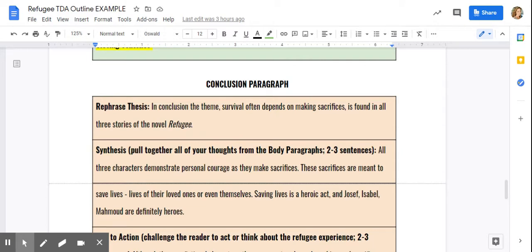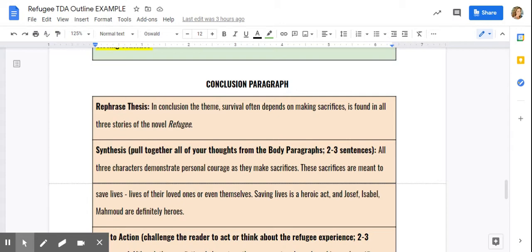Saving lives is a heroic act, and Joseph, Isabel, and Mahmoud are definitely heroes. Okay? So synthesizing is pulling together your old ideas and coming up with a new idea based on everything else that you've written.